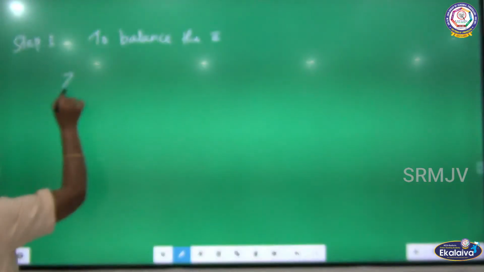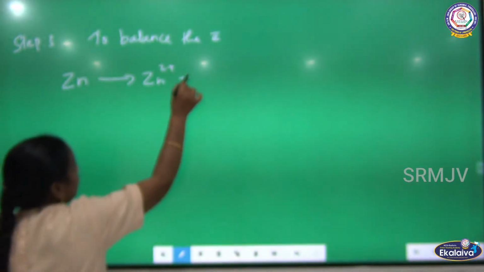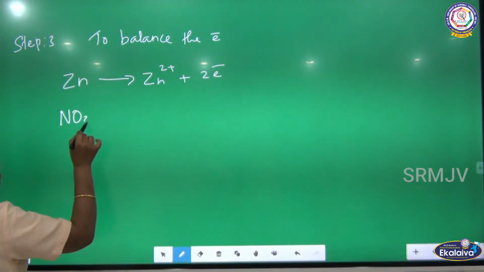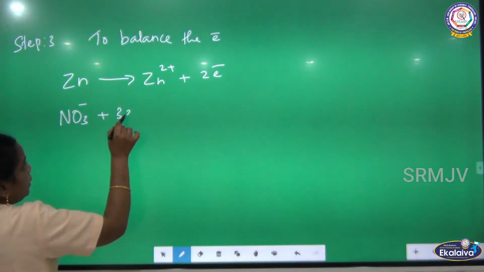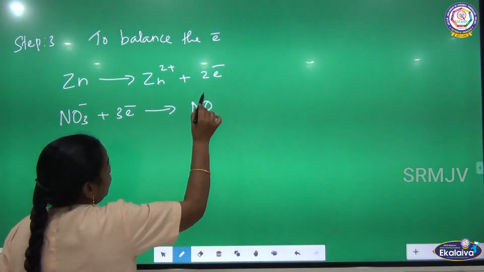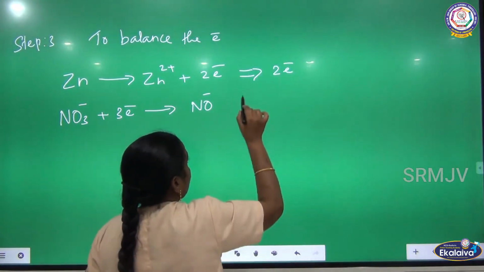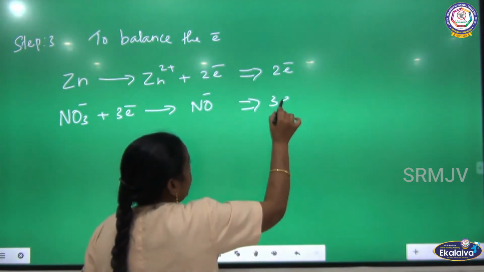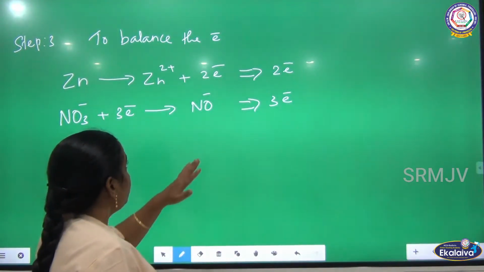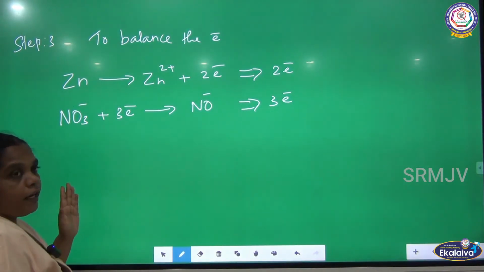So in the first reaction, zinc gives zinc 2 plus by losing 2 electrons, and NO3 minus by gaining 3 electrons becomes NO. So here in this equation how many electrons are involved? 2 electrons, and in this reaction 3 electrons. So you want to multiply, then you want to balance the equation. Before that you have to balance the remaining atoms, oxygen and hydrogen.